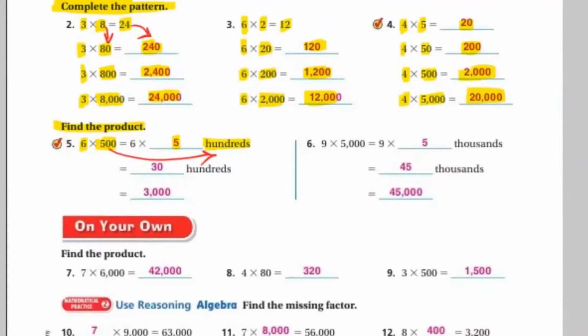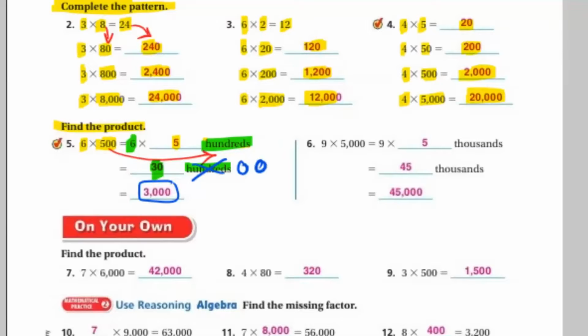After that, 6 multiplied by 5 equals 30, and put the 100 as the same. After that, if you see 100, replace it with 2 zeros like that. So 30 and 2 zeros, it will be 3000.